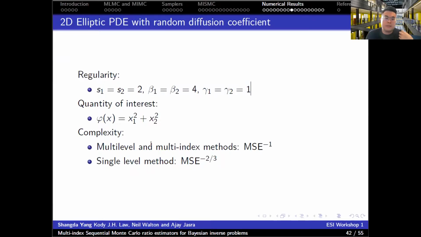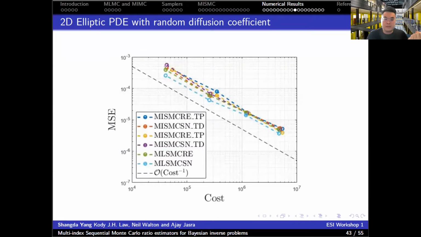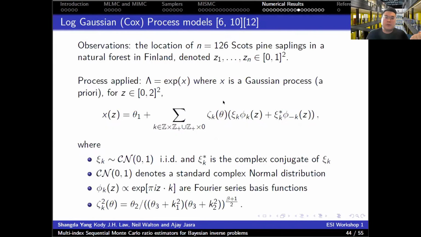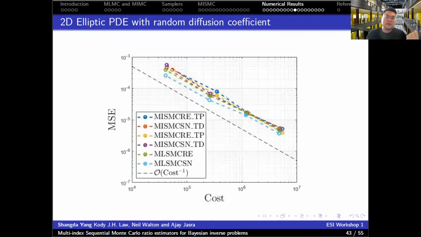Also for the multi-level and multi-index methods, we have MSE to the power of -1, the canonical rate, and the single level method has an MSE to the power of -2/3. And this is the plot. It is a little bit messy here, but we fit all the lines, and the rate is close to -1.